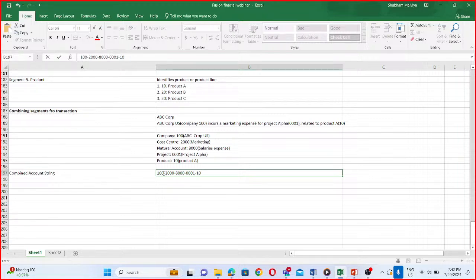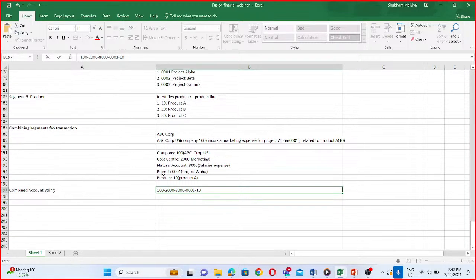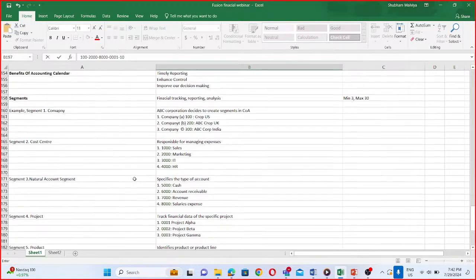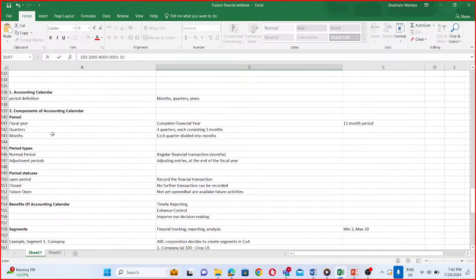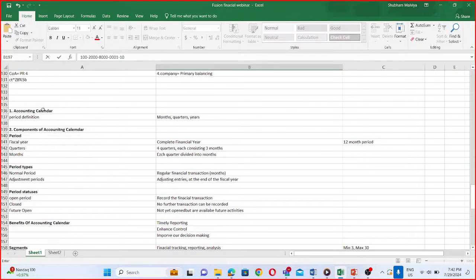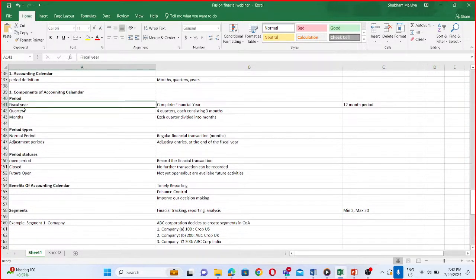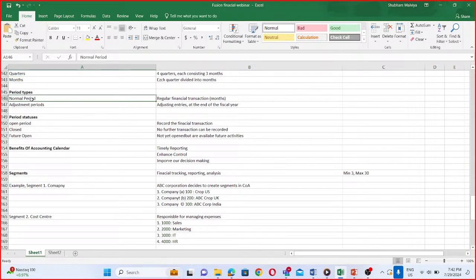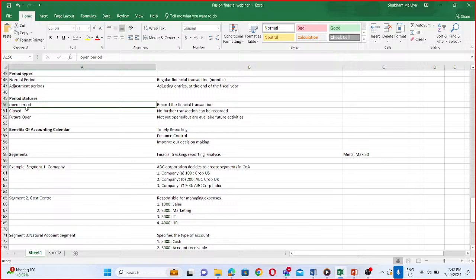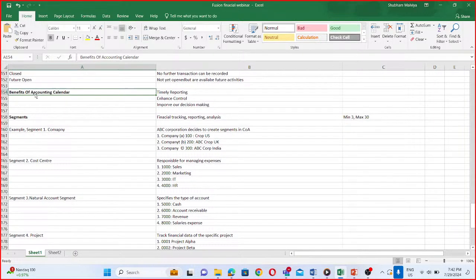Okay friends, so I hope you understand what I have explained today. First of all, I explained the accounting calendar, then period definition, then the types of period: normal periods, adjustment period, and period status: open, closed, and future open. Then we discussed the benefits of the accounting calendar.